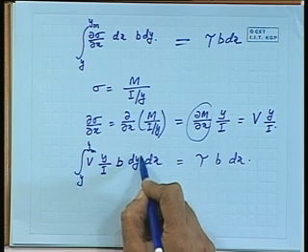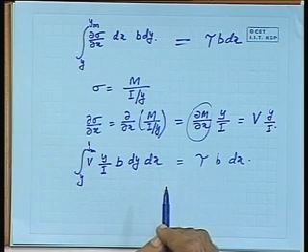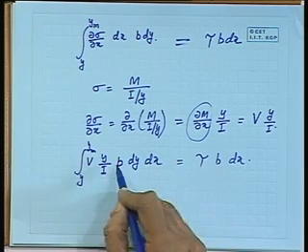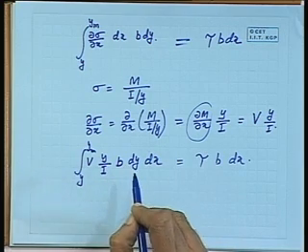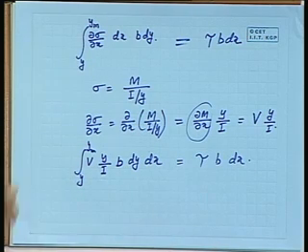Now what is b into dy from here to here? b into y into dy. b into dy is the elemental area, and it is located at a distance y.